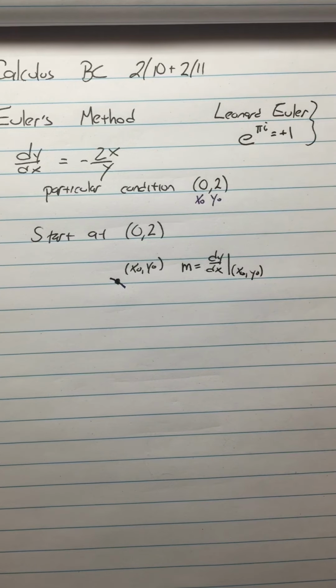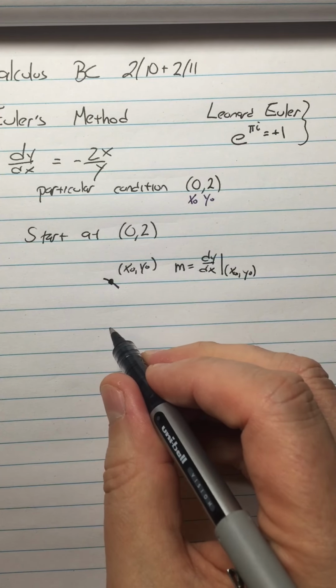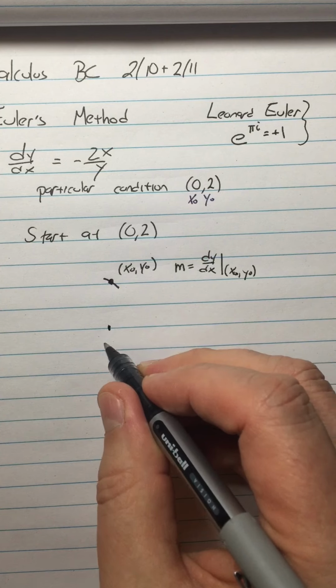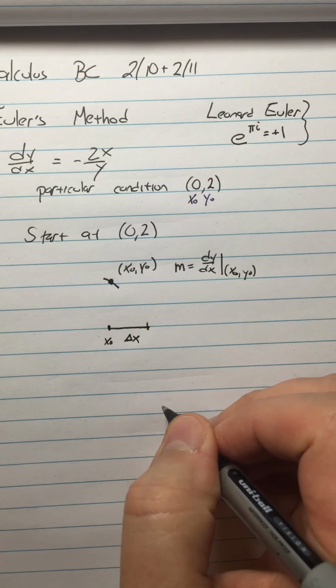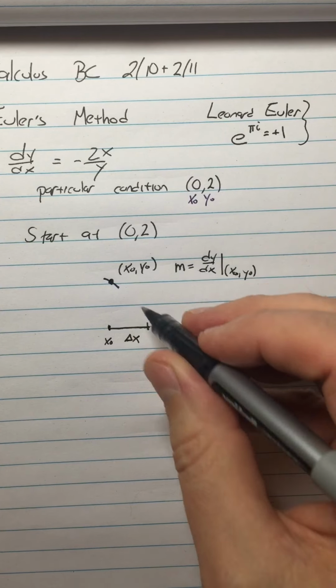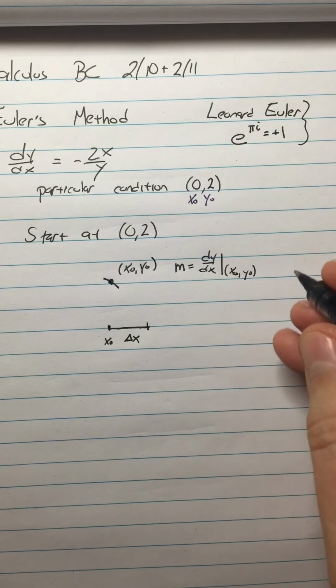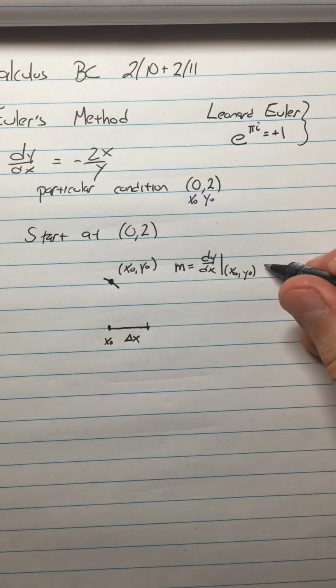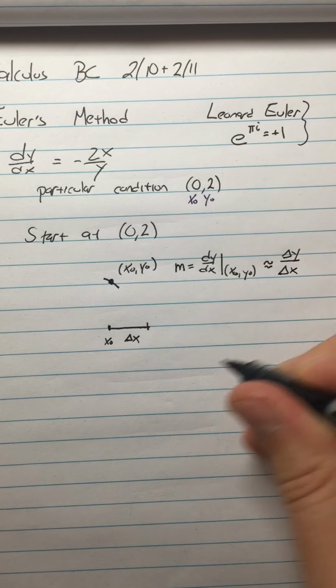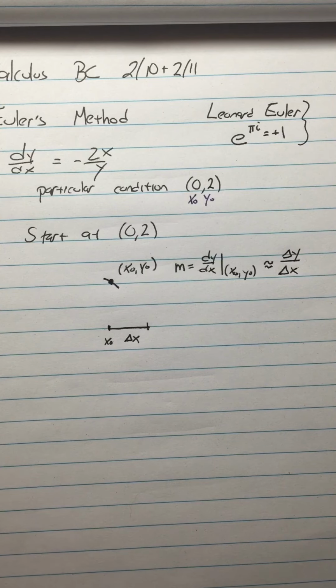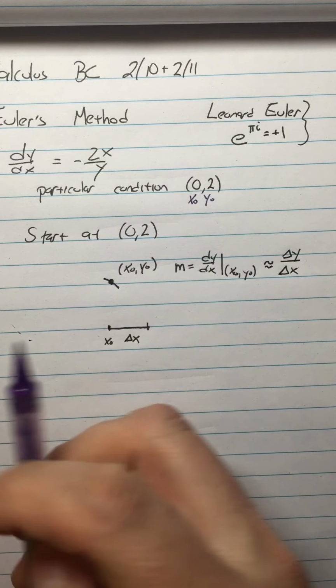If I were to move over from my x0 a short distance delta x, like we always like to do in calculus, then what would the delta y be? Well, dy/dx at this point is approximately equal to delta y over delta x, where delta x is some number. We're often going to use something like 0.2 or 0.1.